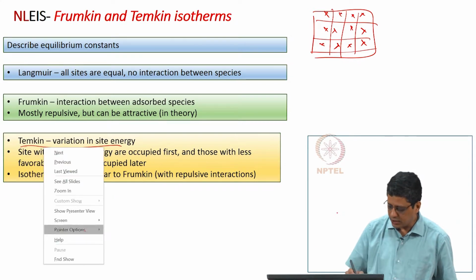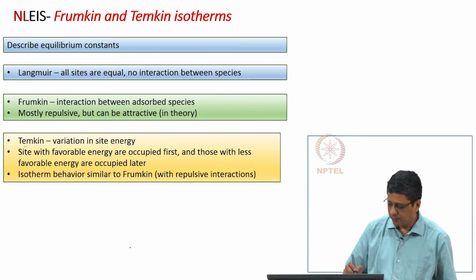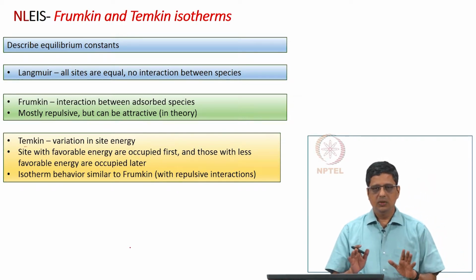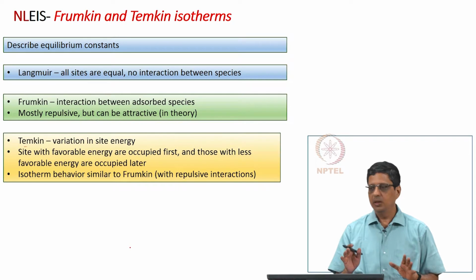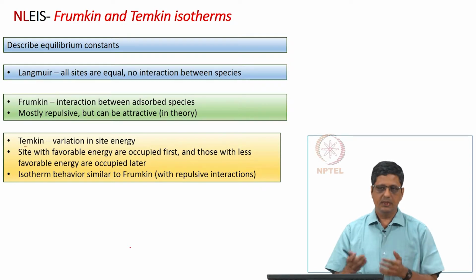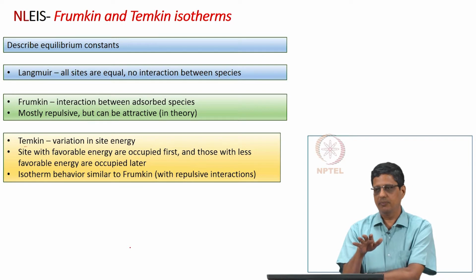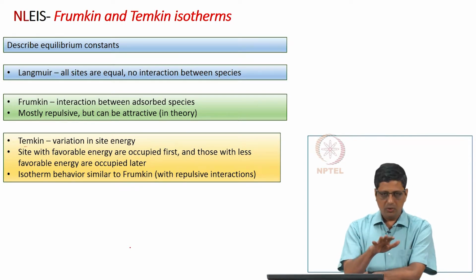Now, I can give you an analogy. Imagine you go to a restaurant, you have n number of seats, and some seats might be occupied, some might be vacant. A new person who comes in will occupy any vacant seat without worrying about whether the neighboring seat is occupied or not.